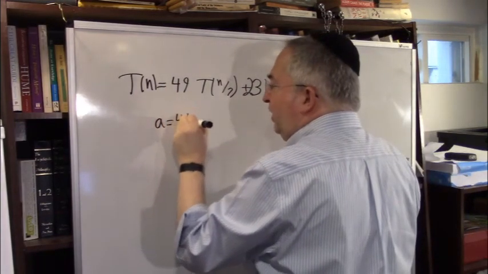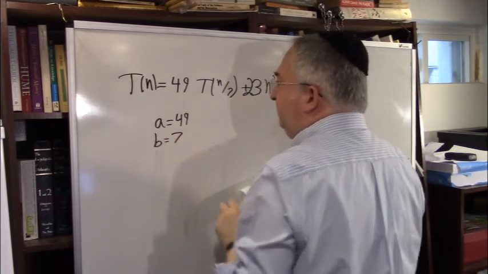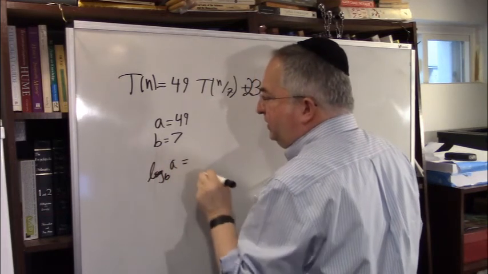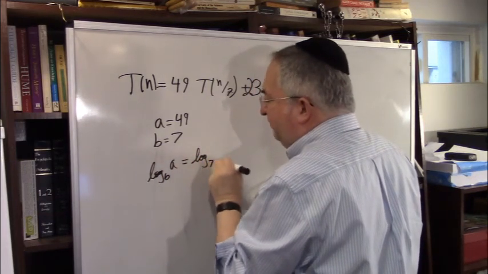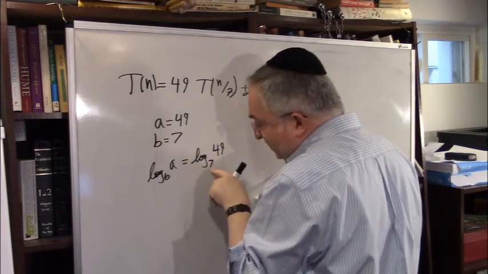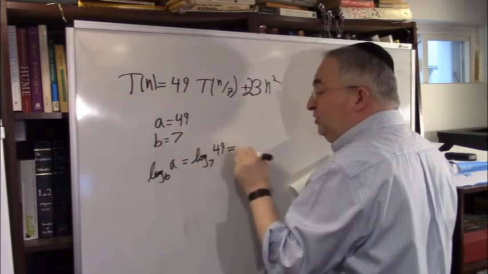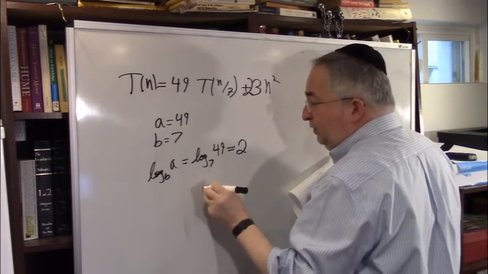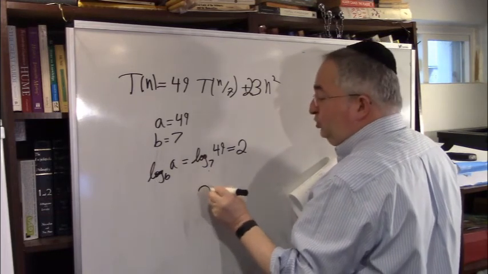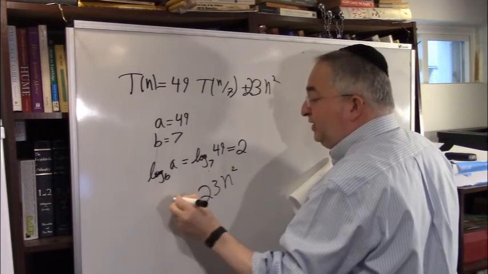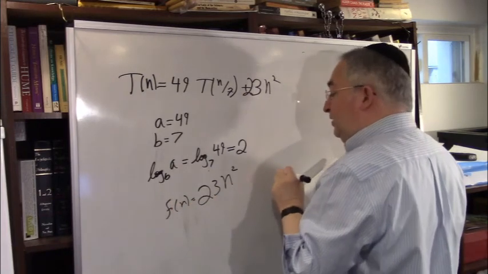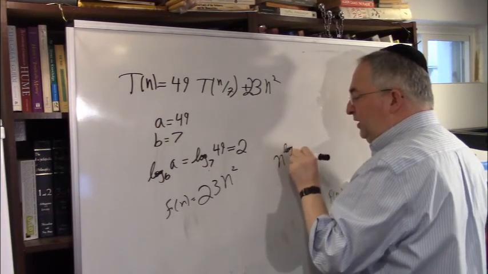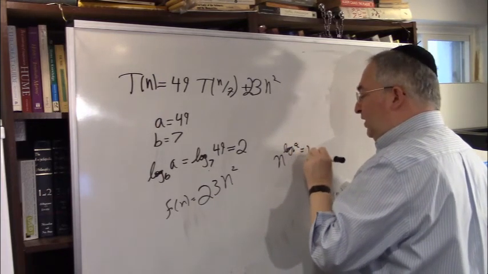So let's go through this. A is equal to 49. B is equal to 7. Log base b of a is equal to log base 7 of 49. What do you have to raise 7 to in order to get 49? Answer 2. 7 to the 2 is equal to 49. Okay, and so f of n is 23n squared, and n to the log base b of a is equal to n squared.